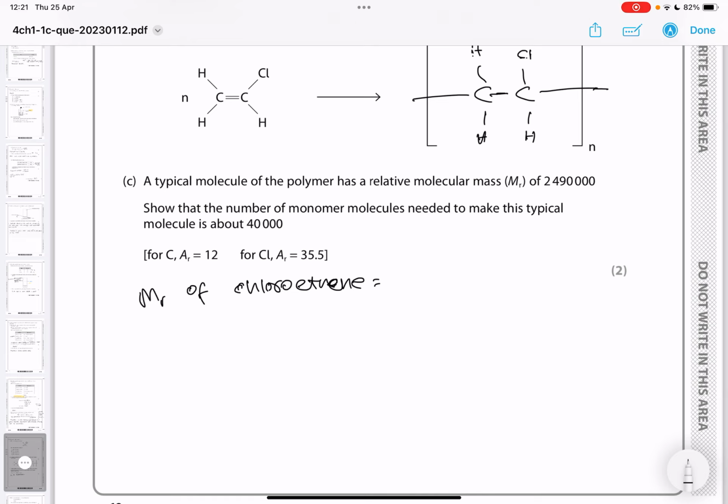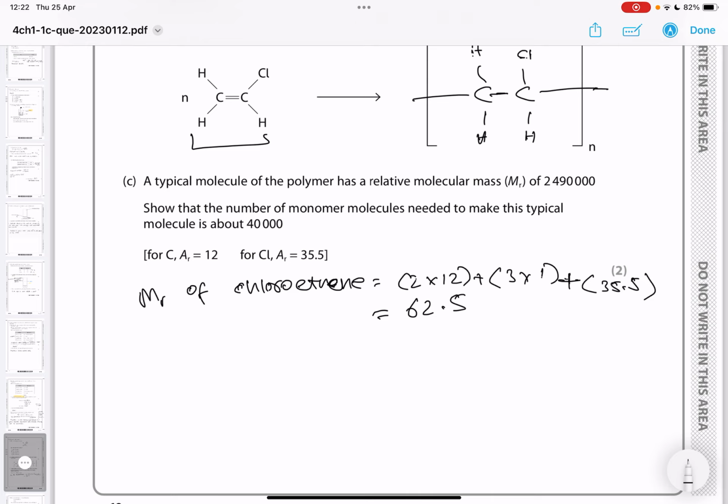So the Mr of chloroethene will be, so the structure is here. There's 2 carbon atoms, 2 times 12, 3 hydrogen atoms, 1, 2, 3, and 1 chlorine atom, 35.5. So if we do the maths for that, 24 plus 3 plus 35.5 should give you an answer of 62.5.